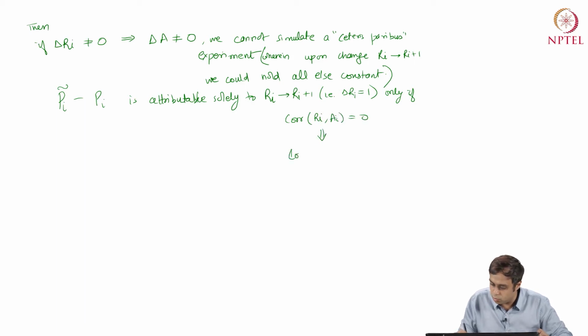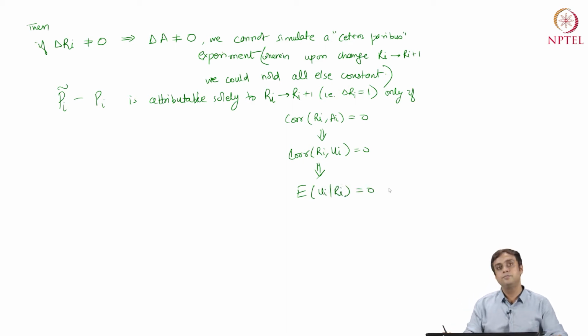This implies correlation of Ri and Ui is 0, and this implies expectation of Ui given Ri is 0. Okay, these things will go both ways. So the implication is it's double implied.